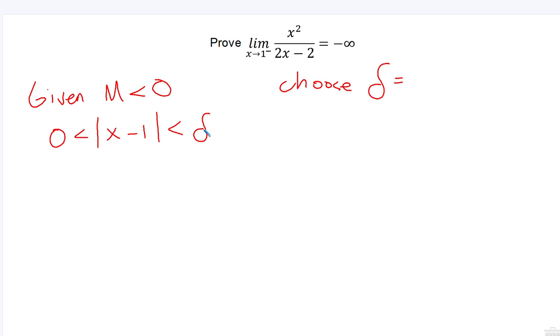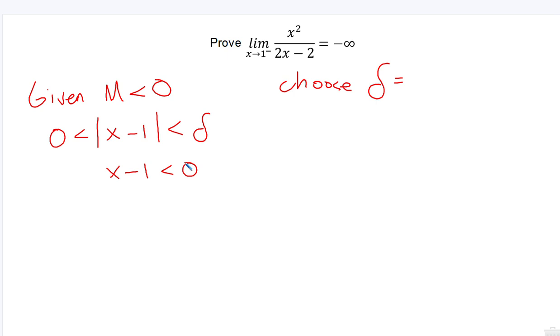I'm going to get rid of this greater than 0 part, but I should be able to rewrite this by saying that x minus 1 is going to be a negative number, right? Because as x approaches 1 from the left-hand side, x minus 1 is going to be less than 0 because the values of x are less than 1.